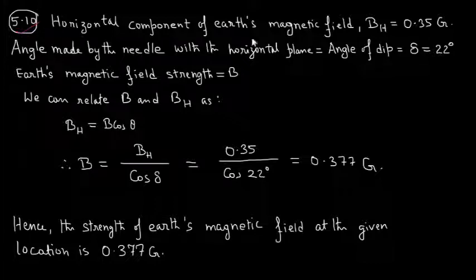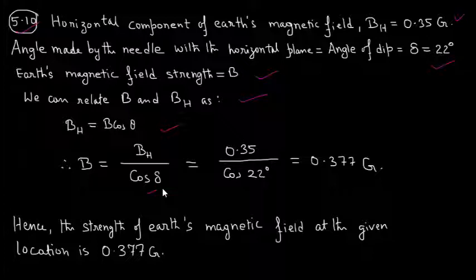Horizontal component of Earth's magnetic field B_H is equal to 0.35 G. Angle made by the needle with the horizontal plane, angle of dip delta, is equal to 22°. Earth's magnetic field strength is B. We can relate B and B_H as B_H is equal to B cos delta. Therefore, B is equal to B_H upon cos delta, where the angle is delta.